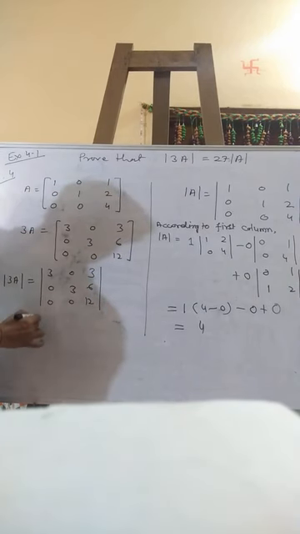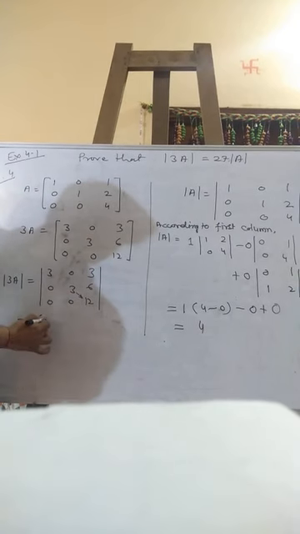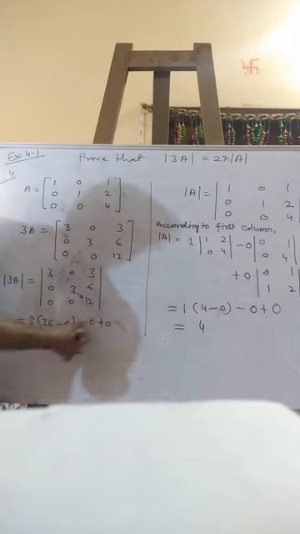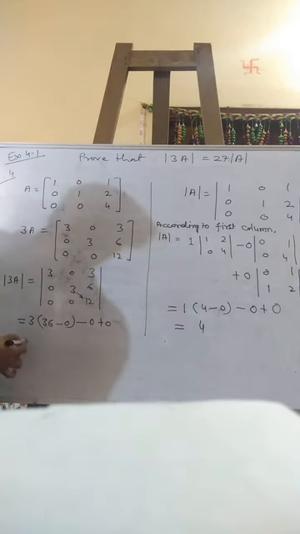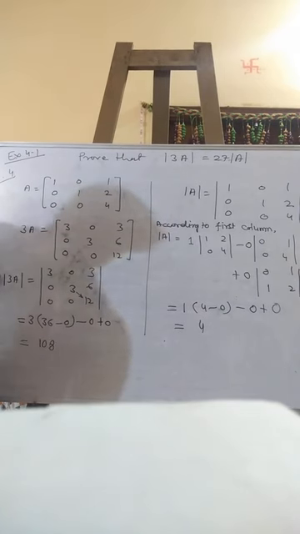Write 3 here. 3 2 12 36 minus 6 multiplied by 0, 0. And the second term is 0. Third term is 0. So there is no need to write there. 36 multiplied by 3, 108. The determinant of 3A value is 108.